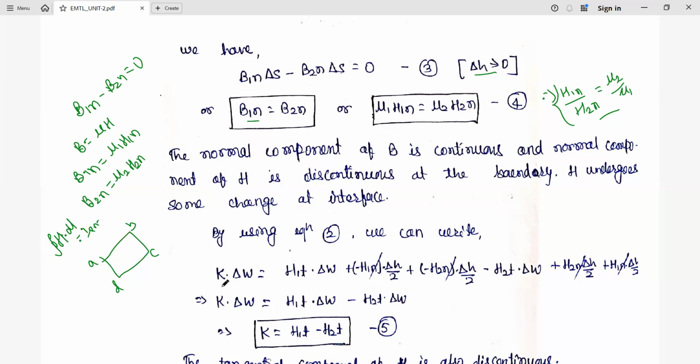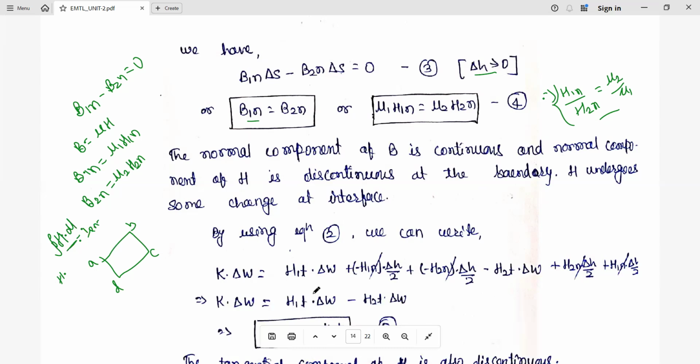K is the current density on the surface here, and the width is taken as del W. So the total current is K into del W, and on the right side we are using H into dl. So the integral of dl you can take as the length, and the field intensity and that measurement of the height or width are being multiplied here.